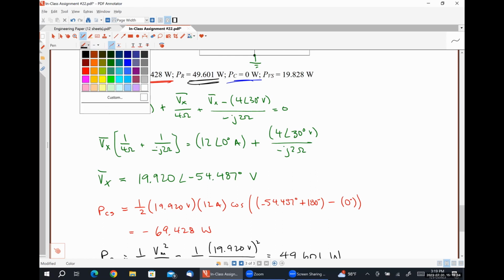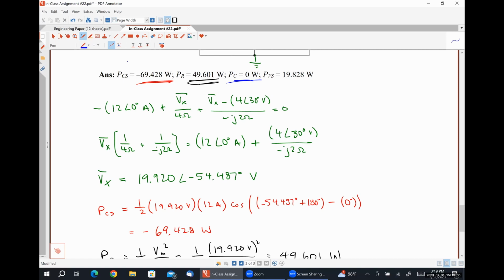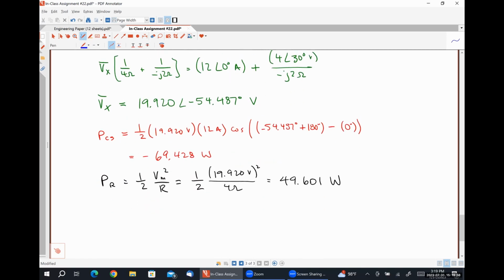Lastly, we have our voltage source. So IVS was Vx minus 4 angle 30 degrees volts divided by minus J2 ohms.